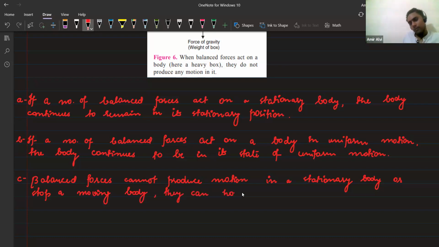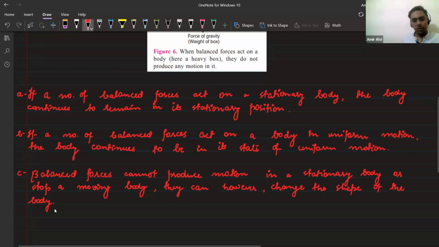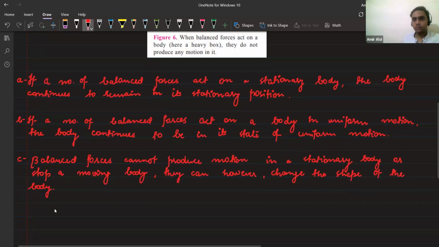However, they can change the shape of it. Is it clear to everyone, children? Please let me know. Yes, sir.